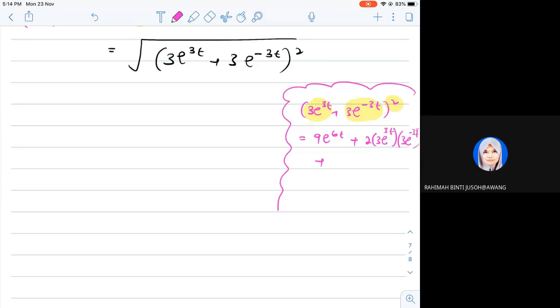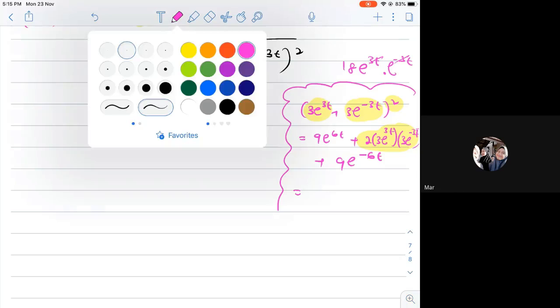Plus the last term squared, so 9e^(-6t). What happened to the second term? 2 times 3 times 3, of course, becomes 18. And then e^(3t) multiplied by e^(-3t): 3 minus 3 cancels, giving 0. Yes, so it becomes e^0.